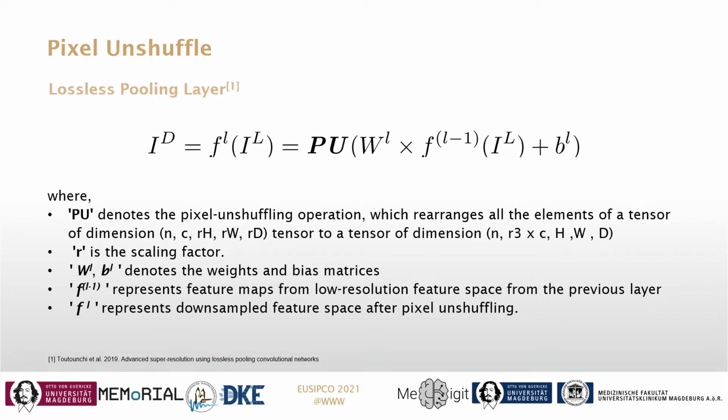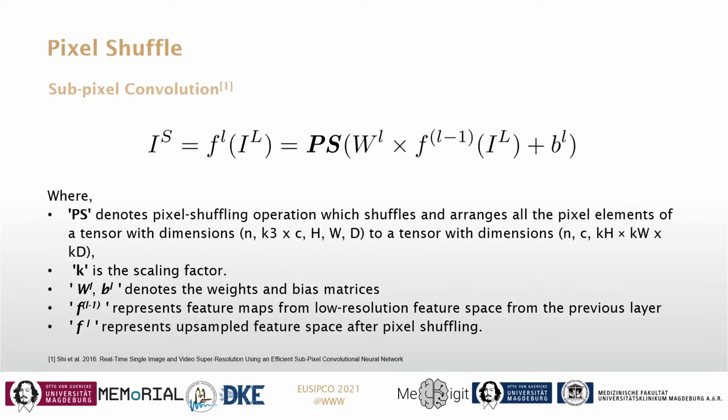Lossless pooling layer, referred here as pixel unshuffle, reduces the spatial dimensions while increasing the number of channels by rearranging all the elements of the tensor. In this manner, the pixel elements are not lost but preserved as different channels. Subpixel convolution, also known as pixel shuffle, does the inverse operation of pixel unshuffle.